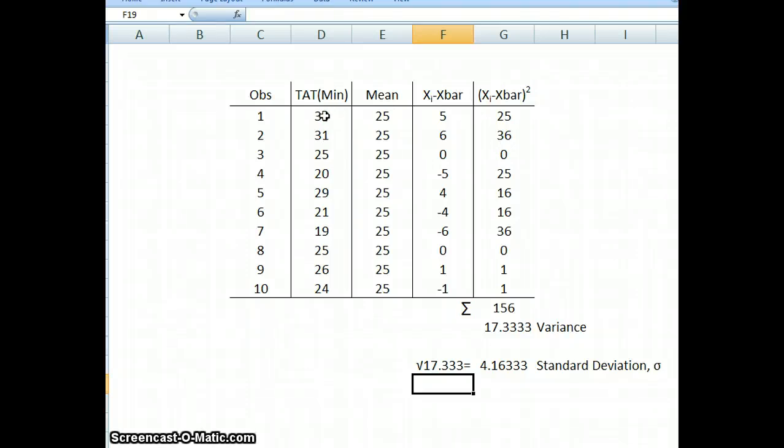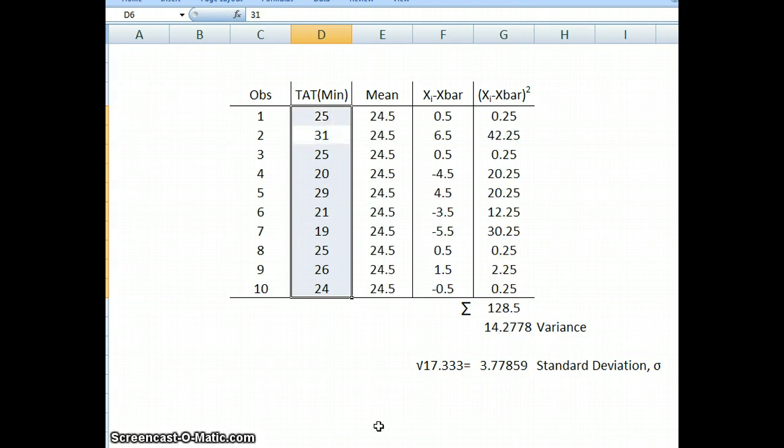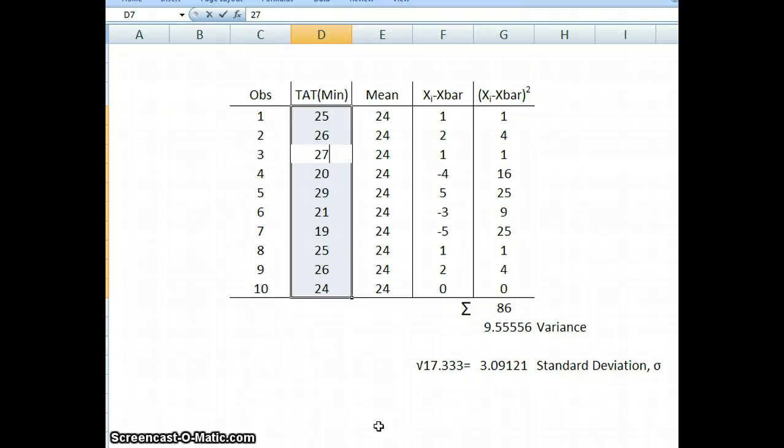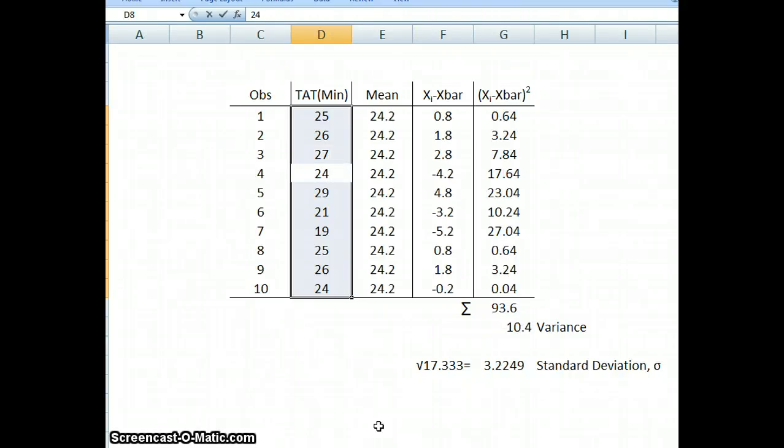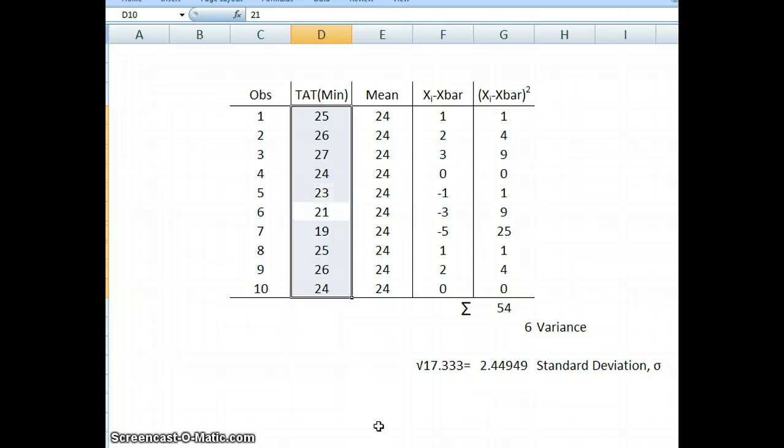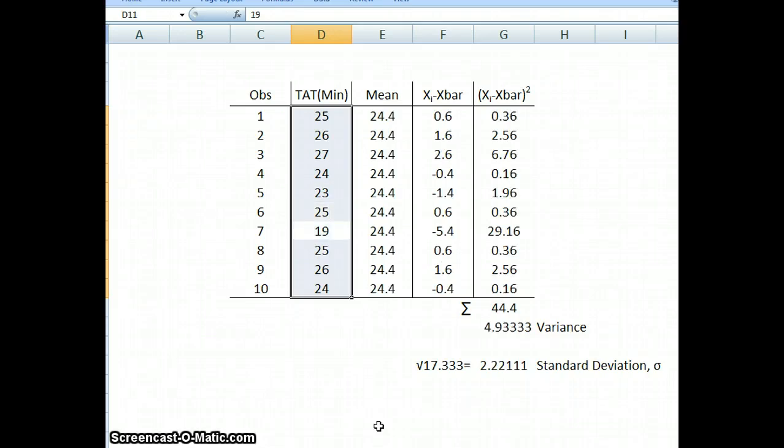Now, what if we change these observations so that they're much closer to 25? So let's make them 25, 26, 27, 24, 23, 25, 26, 24, 23, 27.